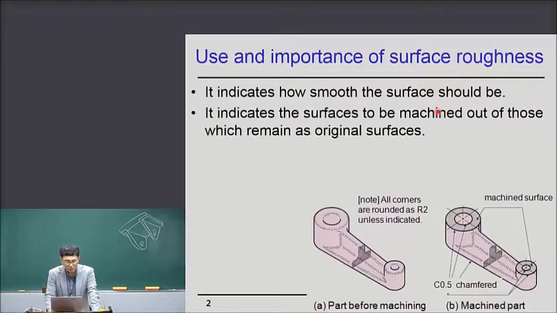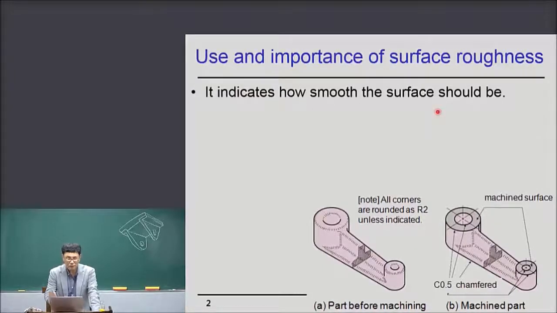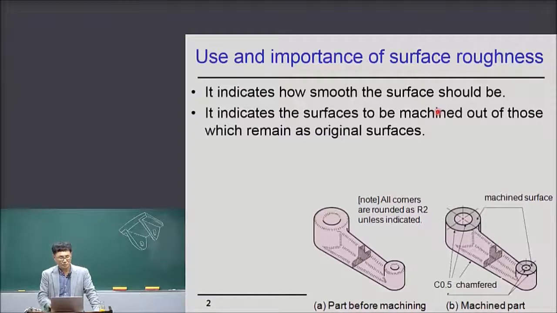Of course, the word surface roughness itself means the smoothness of the surface. But more important is that it indicates the surfaces to be machined out of those which remain as original surfaces.